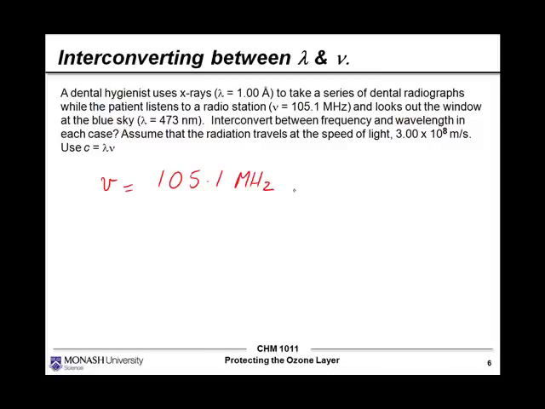To convert from megahertz to hertz, we multiply by this factor. There are 1,000,000 hertz in a megahertz, or 1 times 10 to the power of 6. In which case, plug that into your calculator and you should get a number which looks something like this.